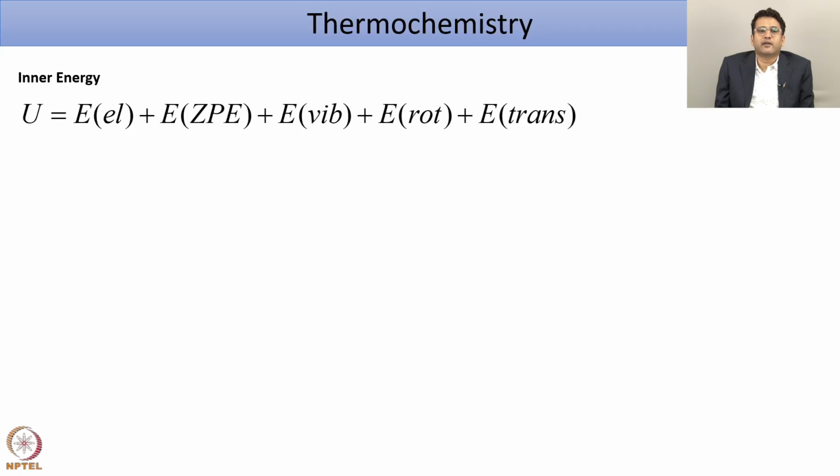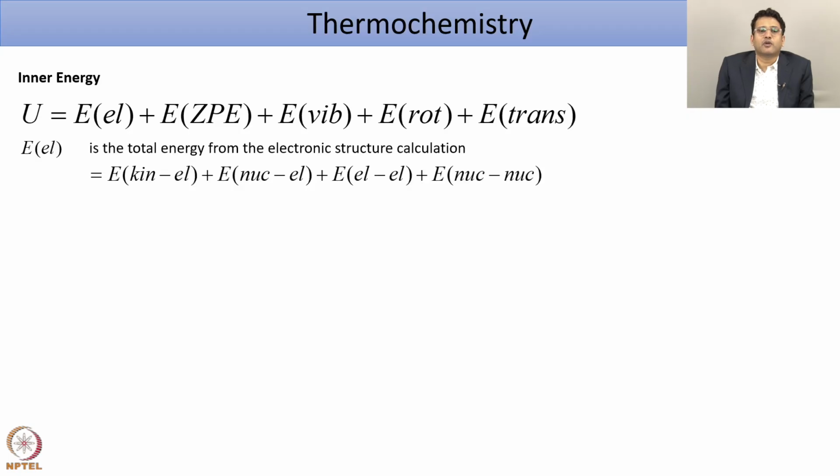So, my internal energy will be considered as electronic plus zero point energy contribution plus vibrational contribution plus rotational contribution plus translational contribution. Here E electronic is the total energy from the electronic structure calculation, the summation of kinetic energy, nuclear repulsion, electronic repulsion and nuclear-electron attraction.